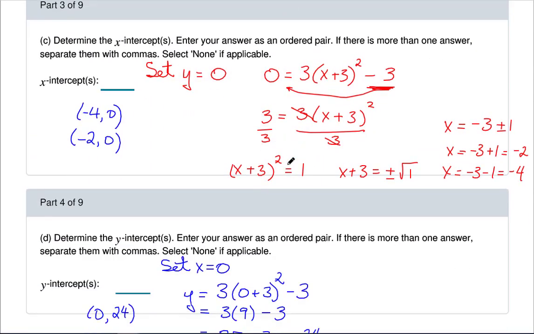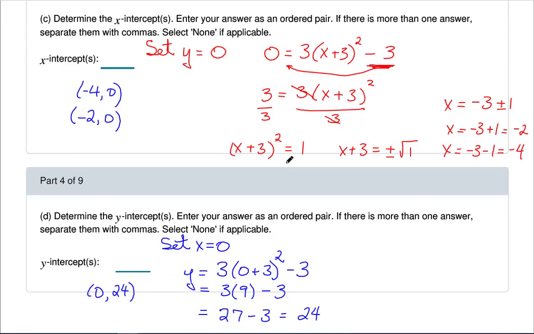Alright, so here looking at the x-intercepts, I set y to 0. Now, looking at what we have, last time this whole piece was minus and I moved it. Here the minus is with this 3, and so I'm going to move it to make it positive. And then I'm going to get rid of the 3 in the front.